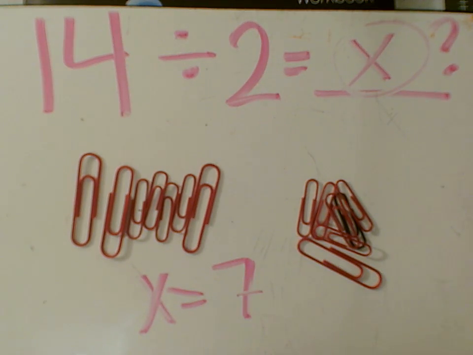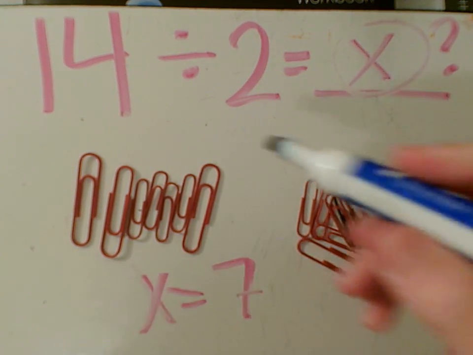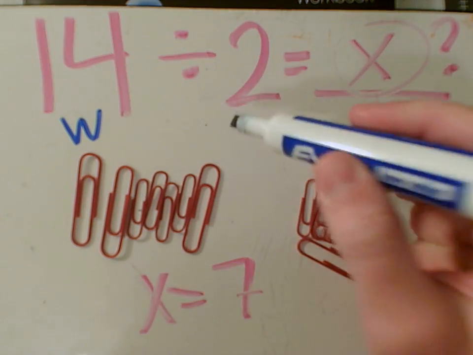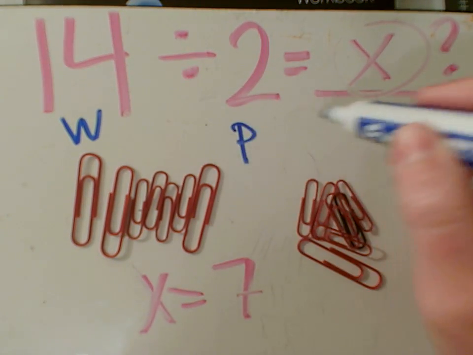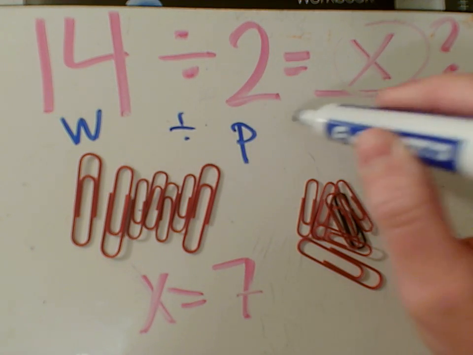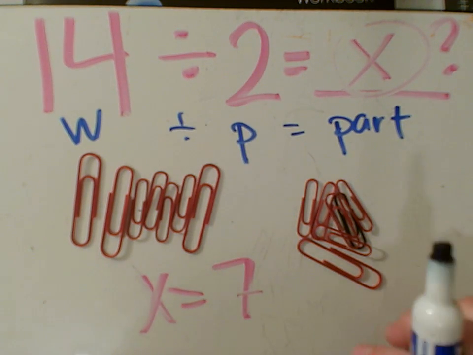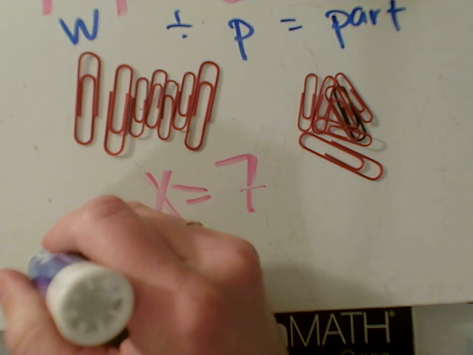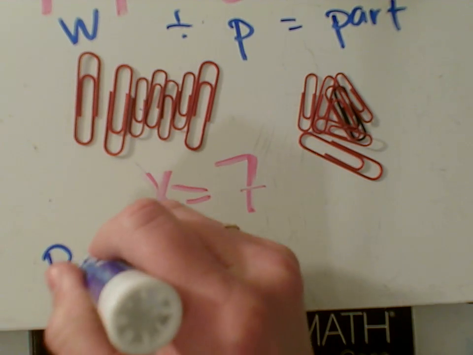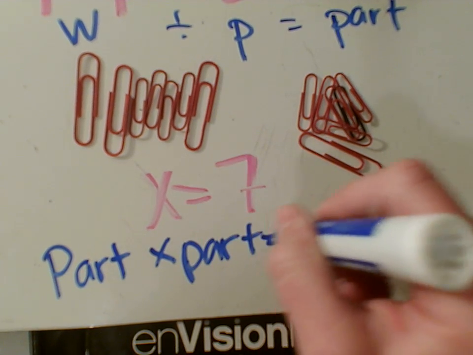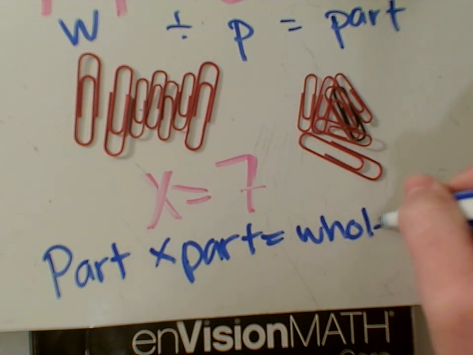So just a quick reminder, like subtraction, our whole number is the big number, and we're going to divide it by a part, and it's going to equal another part. So when we think about multiplication, it means we can take a part times a part to equal a whole, like our addition.